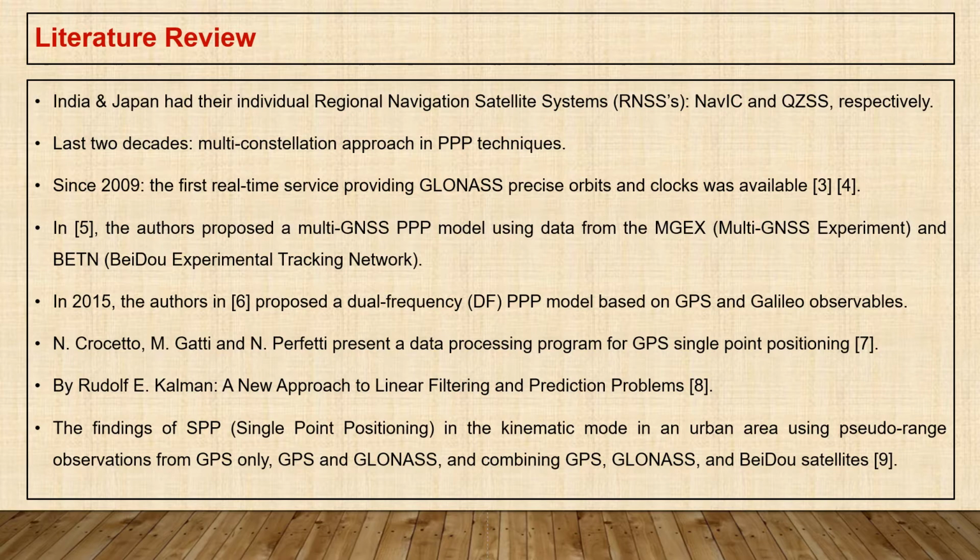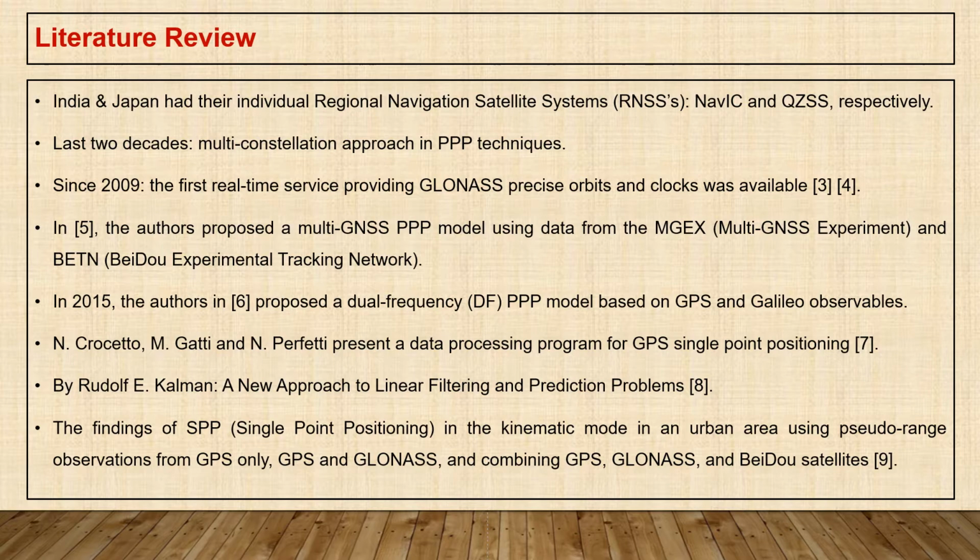So this literature review kept on going, and different researchers presented a data processing program for GPS for carrying out SPP and triple P. Also, Rudolf E. Kalman gave a new approach to the linear filtering and prediction problem. Thereafter it was found that the positioning of any receiver can also be estimated via prediction or filtering of the linearity in a particular path of communication between the satellite and the receiver.